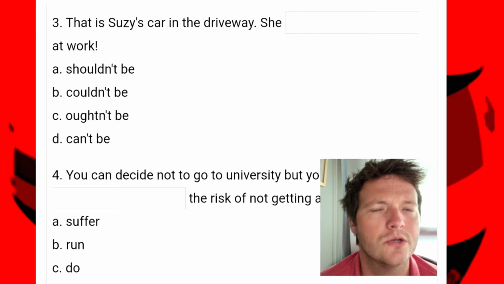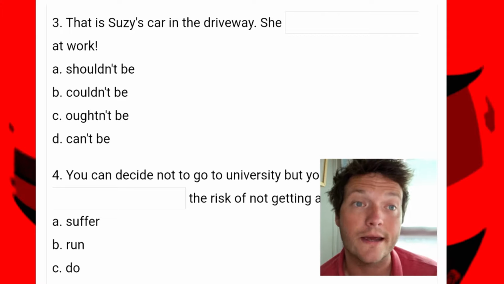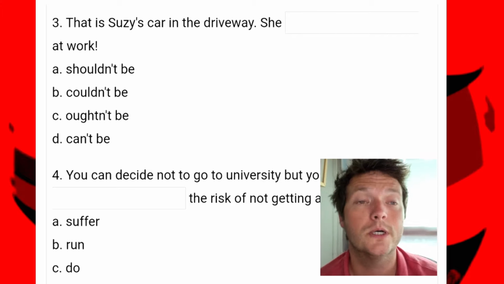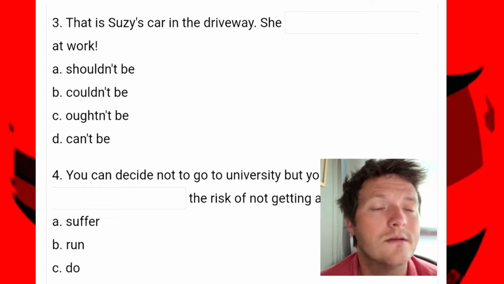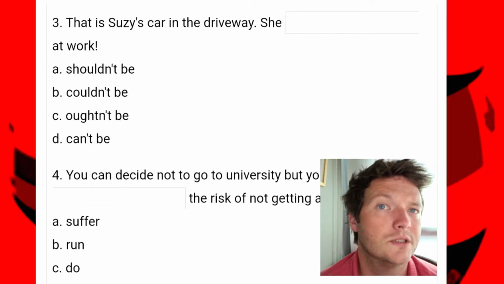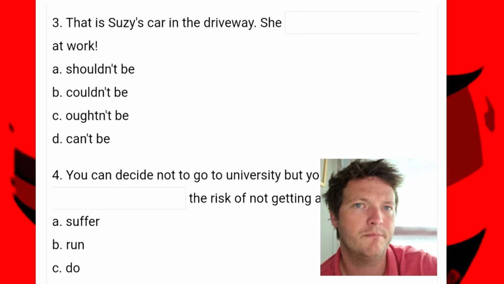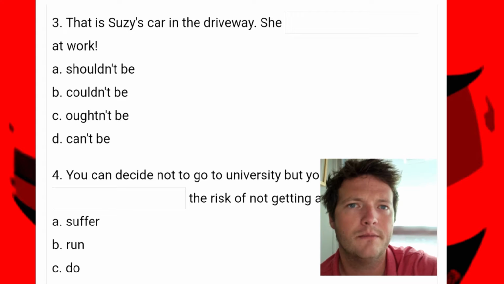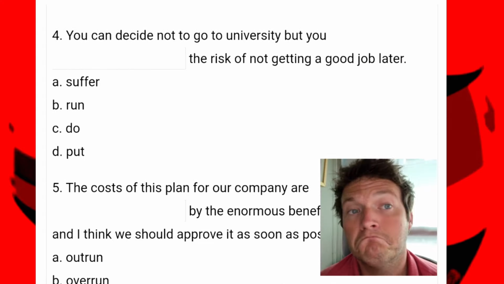I think couldn't be is also right, but as it's clear now that her car's in the driveway, I guess can't be is more correct. It's impossible that she is at work now, but I think we could also say couldn't be. Oughtn't be and shouldn't be are the same, and it's not quite appropriate here. Okay, so far so easy, I think, no?